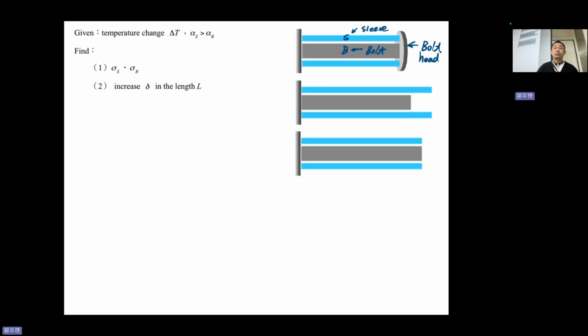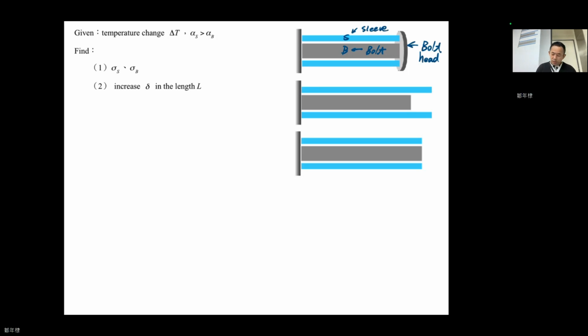So again, the temperature, delta T. Again, it doesn't tell you increase temperature or decrease temperature, but don't worry, we just assume positive. And alpha S and alpha B, alpha S greater than alpha B. So you can imagine that alpha S has longer elongation for the same value.